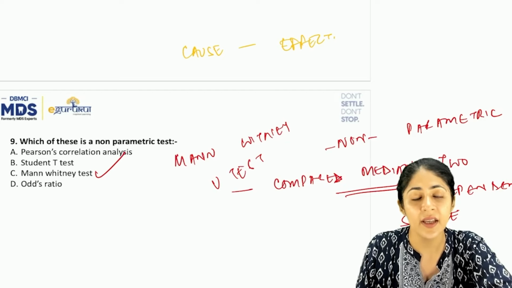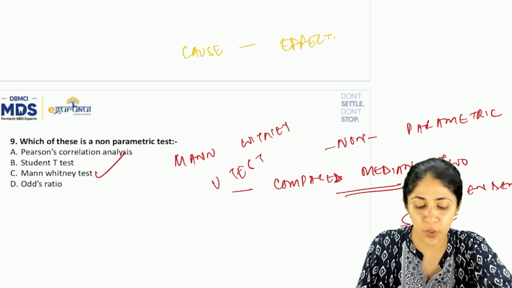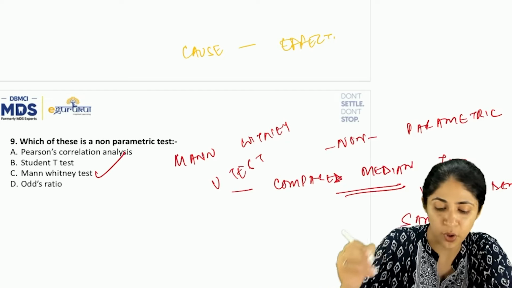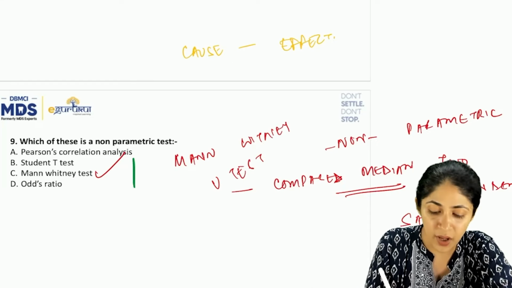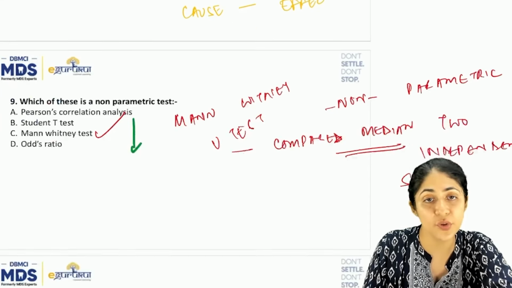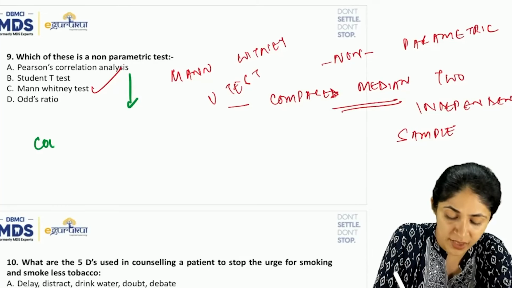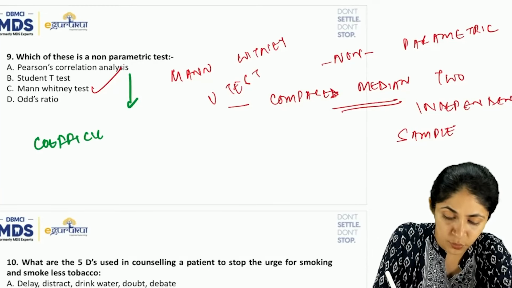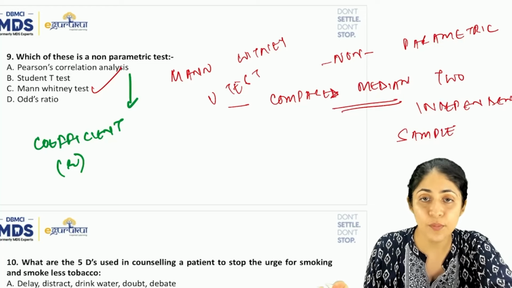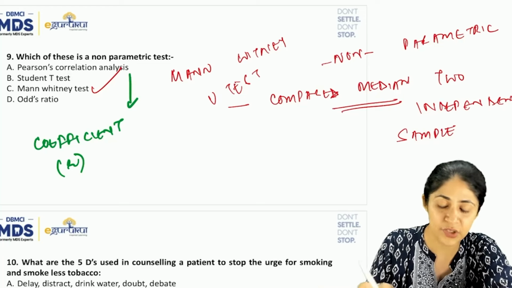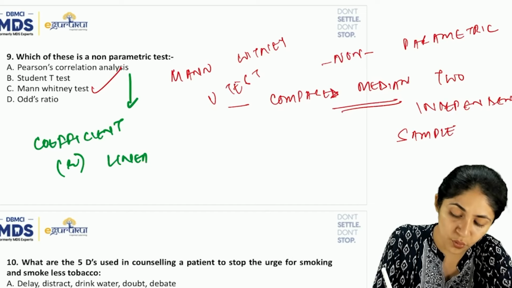So what about the other options? What is Pearson's correlation analysis? As I had explained, the Pearson's correlation coefficient is denoted by a small r. This is the most common way of measuring a linear correlation.